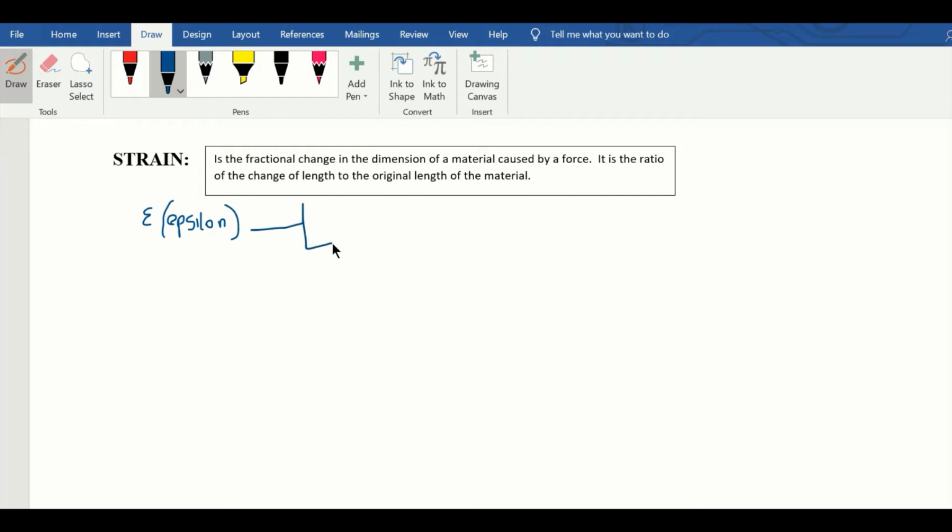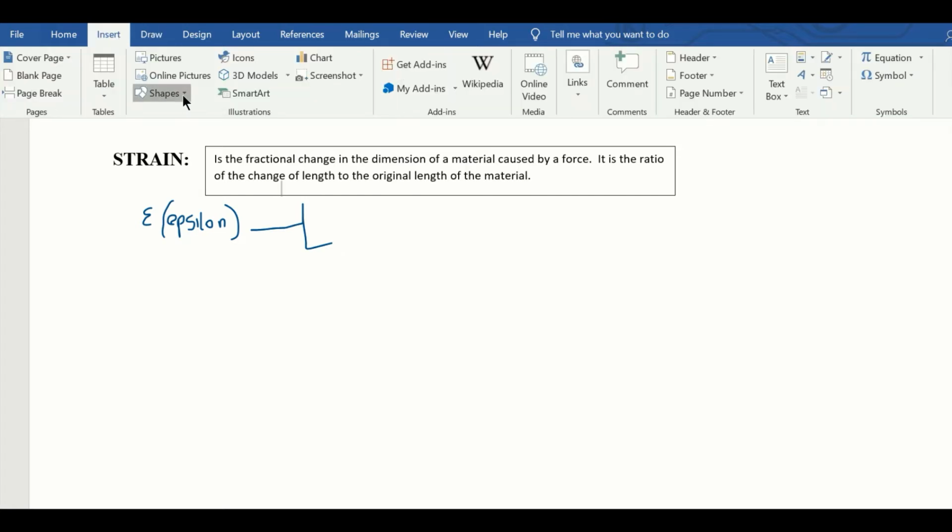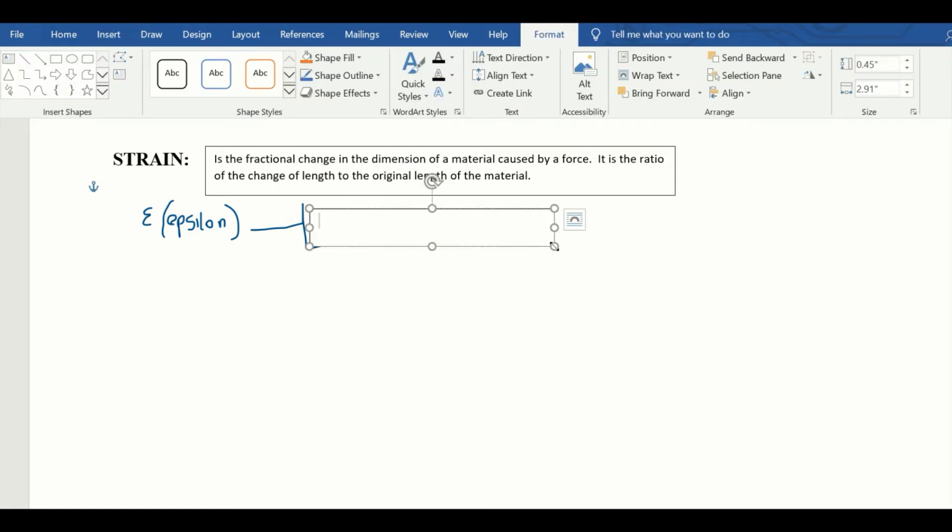It is used for compressive or tensile force. When a compressive or a tensile force is acting on a material and causing the strain, we use this symbol.